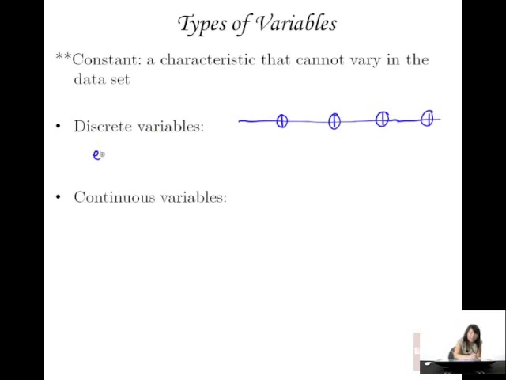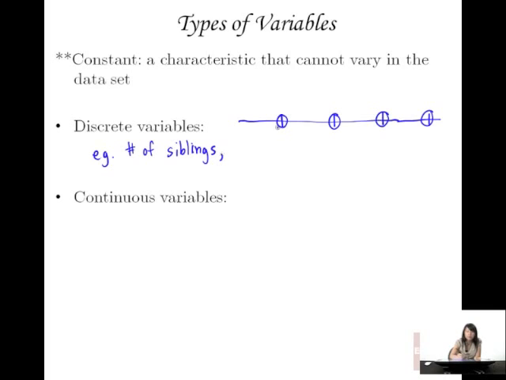Examples might be something like number of siblings. You may wish you had only 1.5 siblings, but that's usually not possible. So number of siblings is what we think of as a discrete variable. You either have 1 or 2. You rarely have 1.65 or 1.82 siblings.